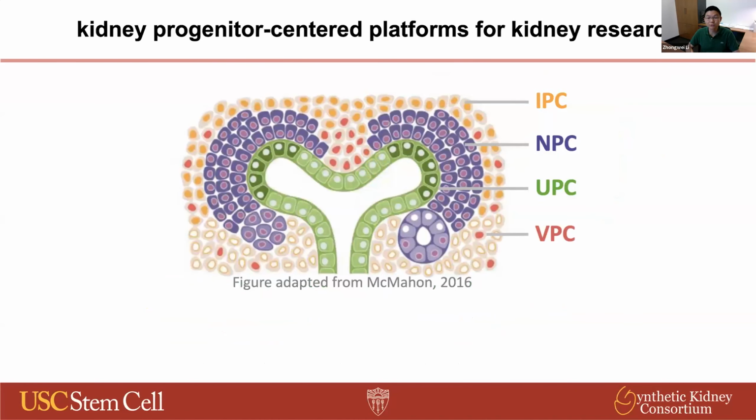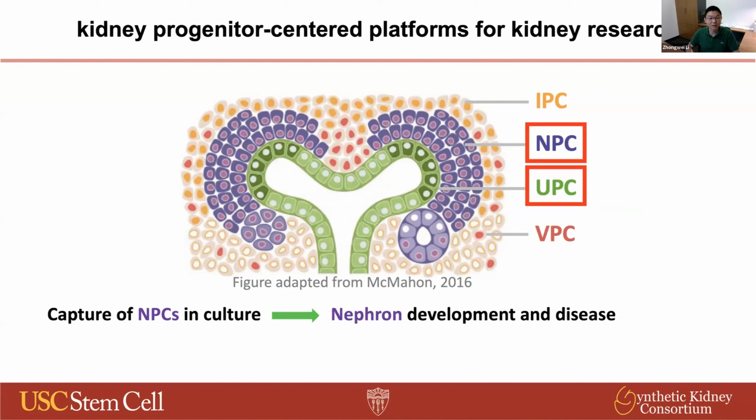Because of the central roles the different kidney progenitor cells play, my lab is centered on the study of kidney progenitor cells, developing new tools for progenitor cell culture and expansion, and eventually using them to study kidney development and disease. In particular, we have been able to capture the NPCs in vitro in culture and generate nephron organoids to study nephron development and disease.